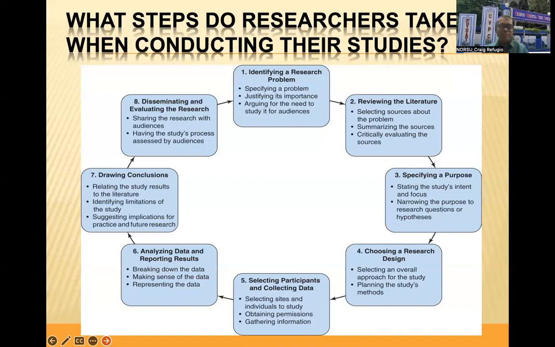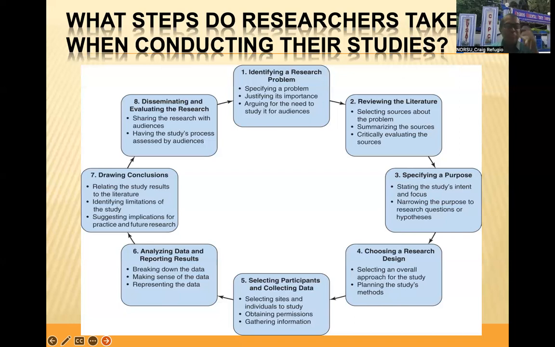So in all studies, there are limitations, and you're going to consider that in the process of making conclusions. What are the limitations of the conclusion that you have formulated based on the results of the findings, or based on what you have found in the entire data that you have collected, presented or organized, analyzed, and interpreted?